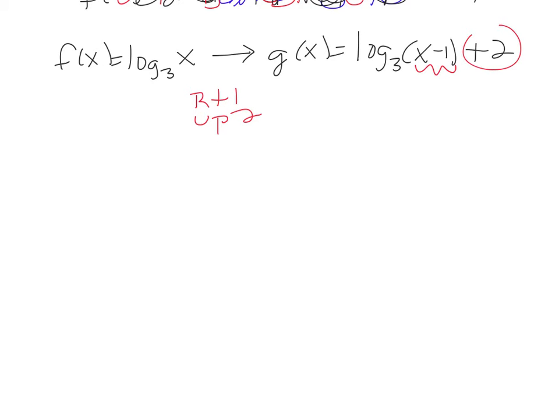And then it says, what is the domain, the vertical asymptote, and the x-intercept for g of x, and it says to sketch it. Okay, so let's sketch it here. Remember, my basic log function's asymptote is x equals 0. So I'm moving to the right 1 unit. That means my asymptote is going to move to the right 1 unit.